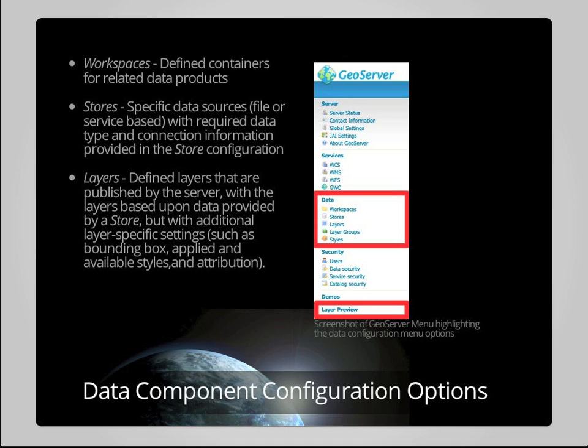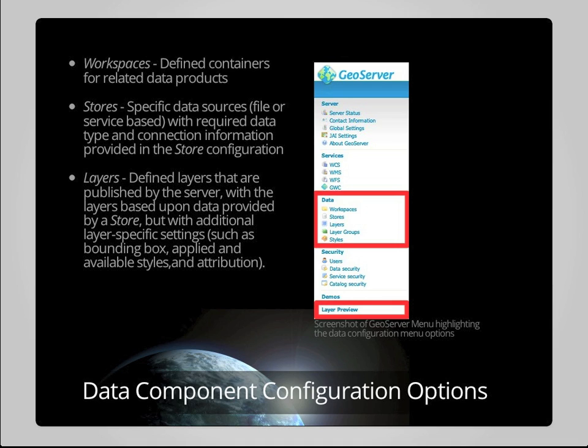With the first being a link to the Workspaces configuration area, where the workspace model allows you to define containers for what GeoServer often describes as related data products, where that relationship may be specific to your particular use of the server, but the GeoServer platform suggests that these workspaces relate to similar types of data.